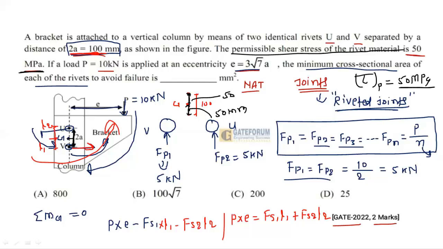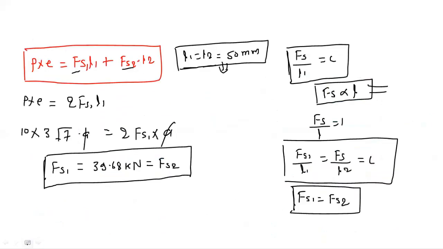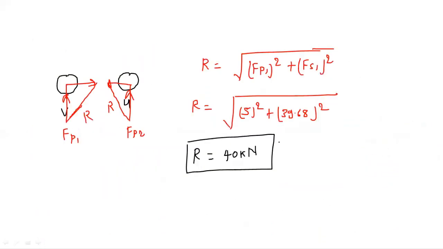So what is the shear load? We can say stress into area. So R is equal to 40 into 10 to the power 3 is equal to 50 into 10 to the power 6 into area.